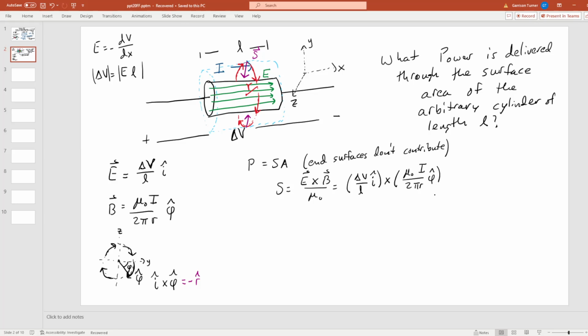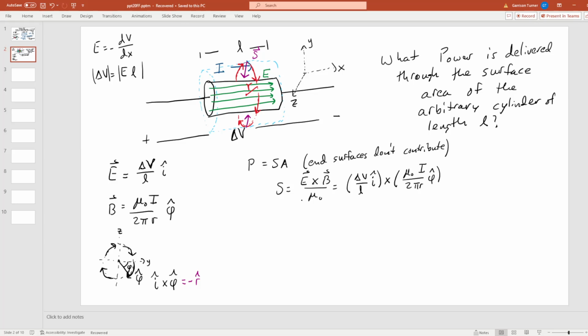And by the way, don't get so wrapped up in these. If you don't really want to play the cross product game with these unit vectors, and if you haven't gone through cylindrical coordinates yet, all you really need to recognize is that E and B are perpendicular everywhere, right? So that's really the bottom line.